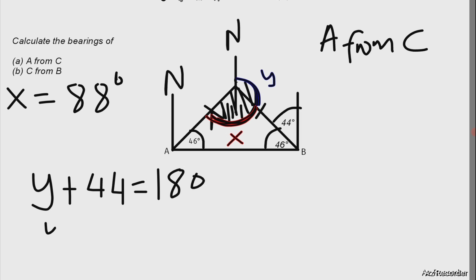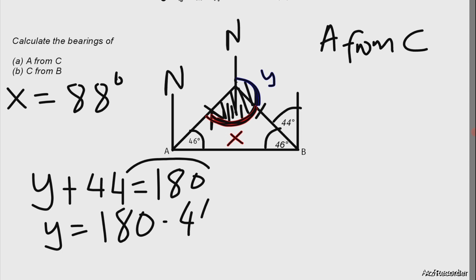You can take the 44 to this side, and it becomes negative 44. Then here we just subtract 180 minus 44. 180 minus 44, you get 136.